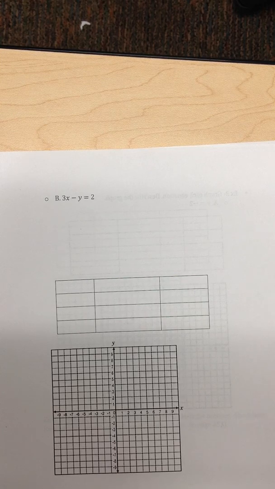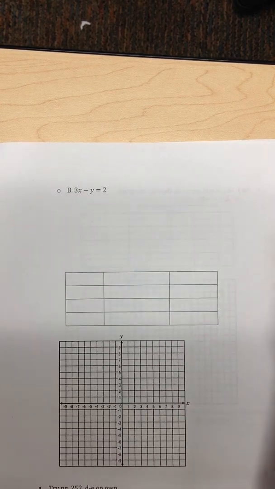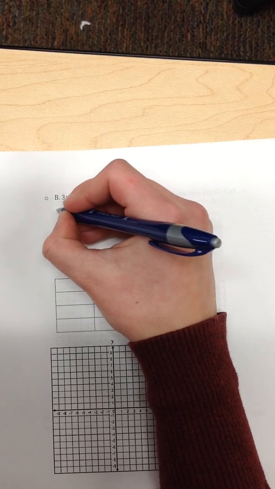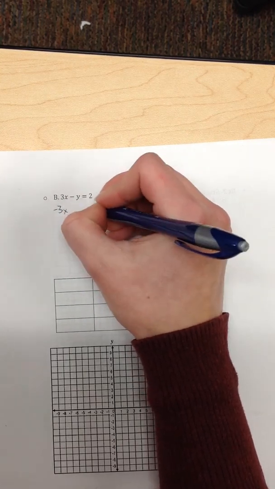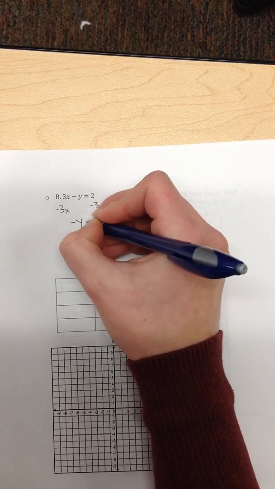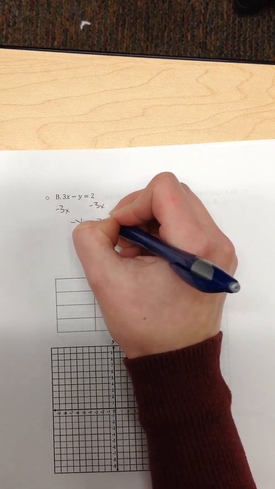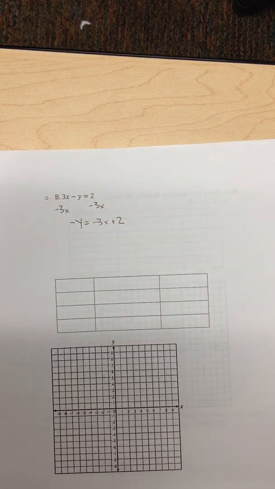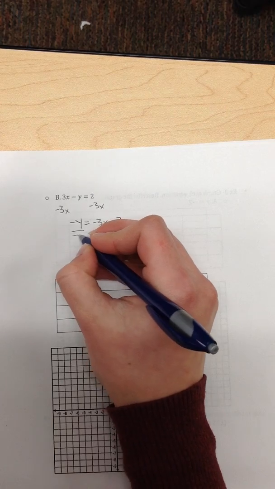So what I would do here is get this equation to y equals. I would get rid of the 3x first by subtracting 3x from each side. Then I'd have negative y, don't forget the negative, is equal to negative 3x plus 2. To get the y by itself, I've got to get rid of that negative, so I'm going to divide by negative 1 on each side.